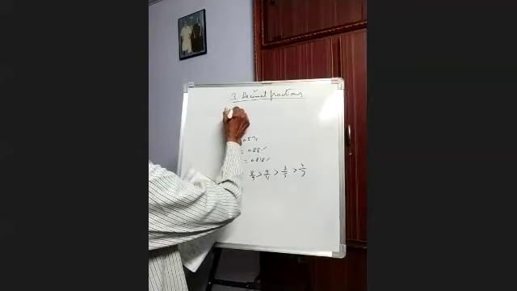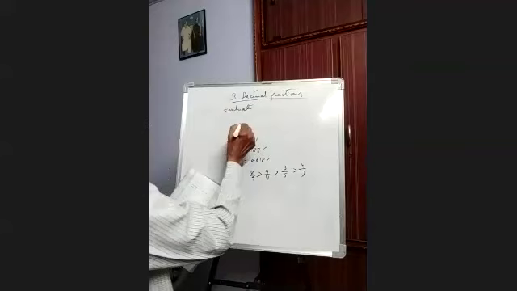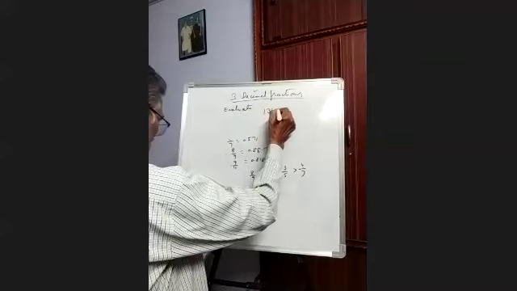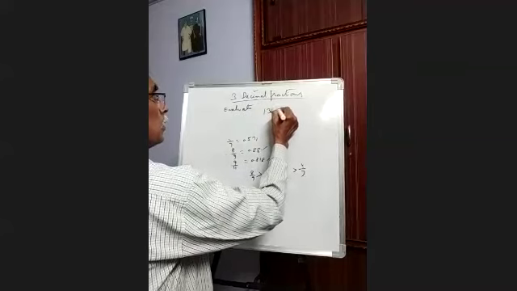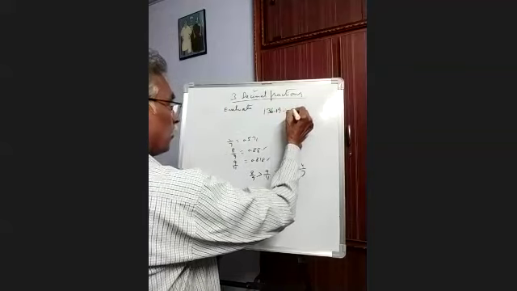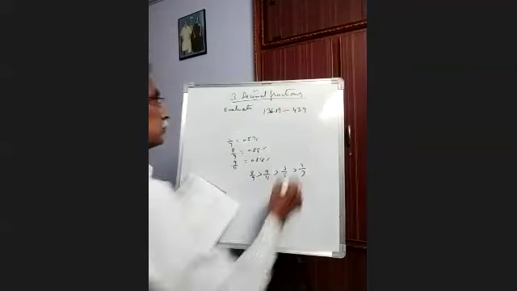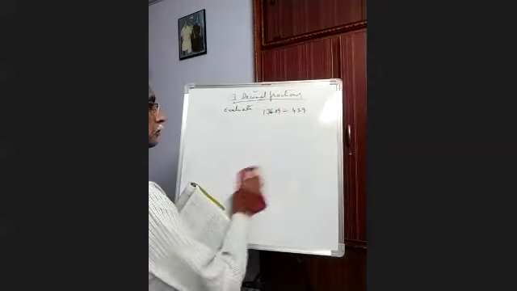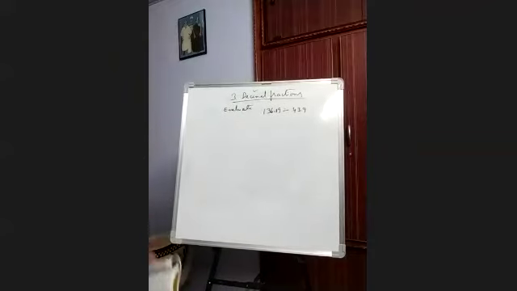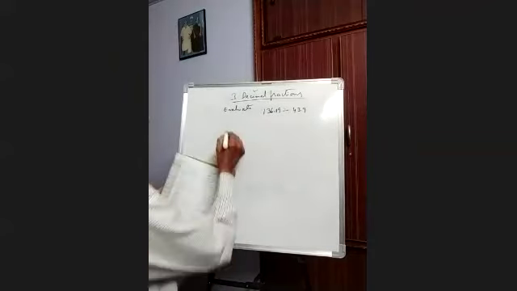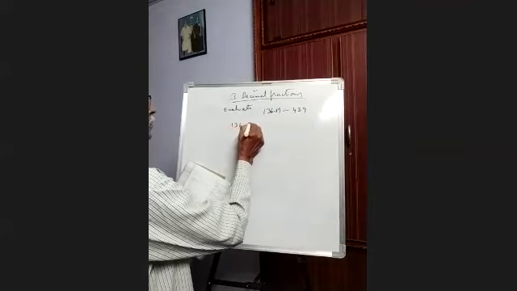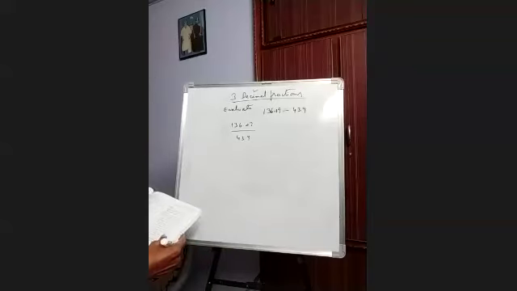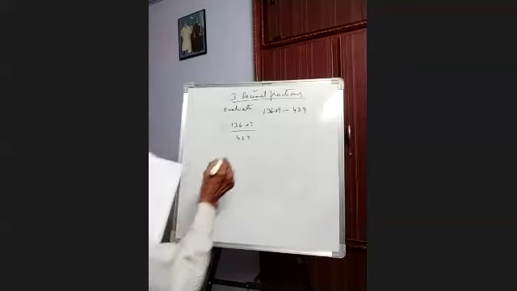Evaluate 136.09 divided by 43.9. 136.09 by 43.9. What is the rule?